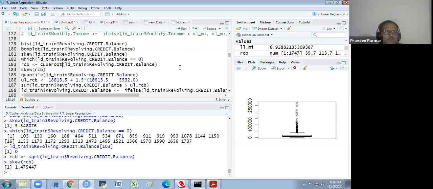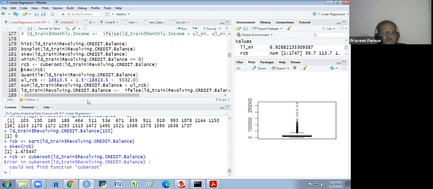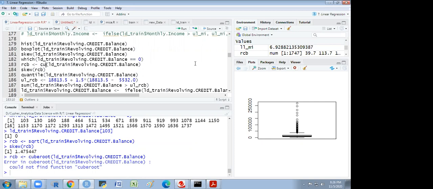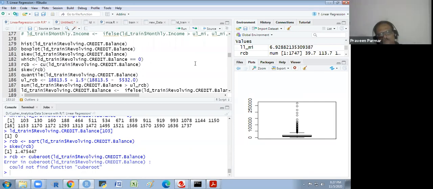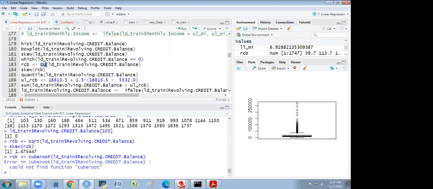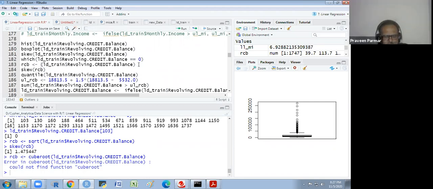I don't know the function, whether it works or not. So I could not find the function for cube root. Sir, can we put star and 1/3? We could do that also.